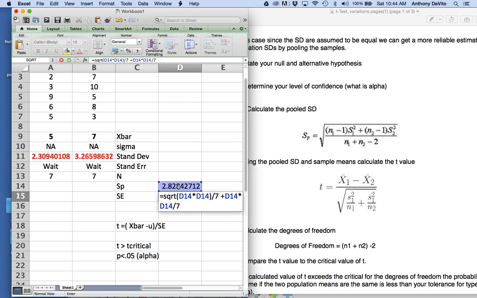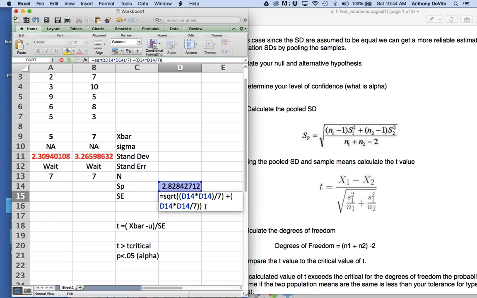In this case, happens to be 7. And I'm going to put that in parentheses also, so it does that operation separately. So we're going to do this multiplication and division, then add them together, and finally take the square root of that whole thing.